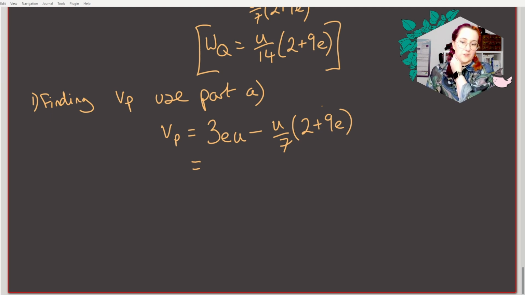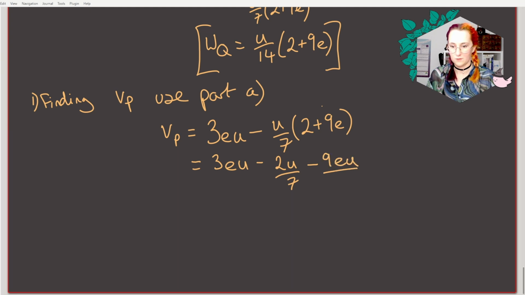The eu is going to affect that latter half of the term. So we can take the u over 7 out the front. Actually, let's just expand it because that's easier for everyone's brain to see where I make a mistake. Minus 2u over 7 minus 9eu over 7. So we end up with u over 7.